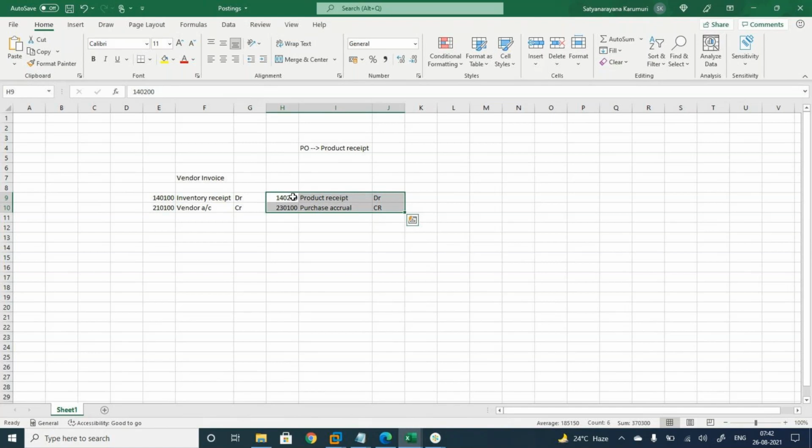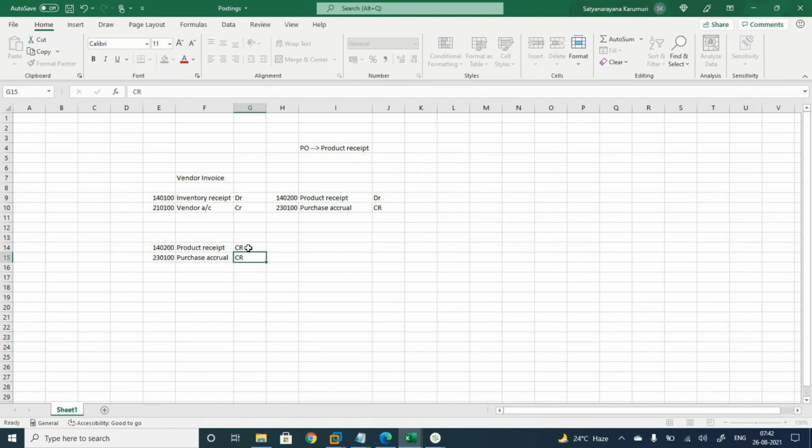The business is saying they want to post to these accounts temporarily, and these postings should be reversed at the time of invoice. This is a temporary posting: product receipt account debit, purchase accrual account credit.